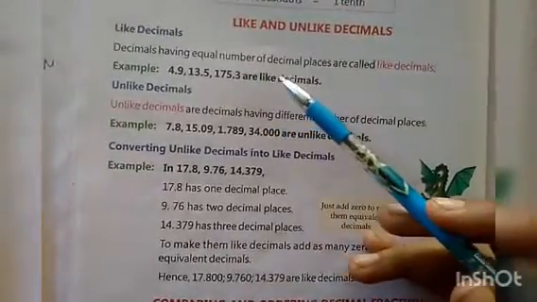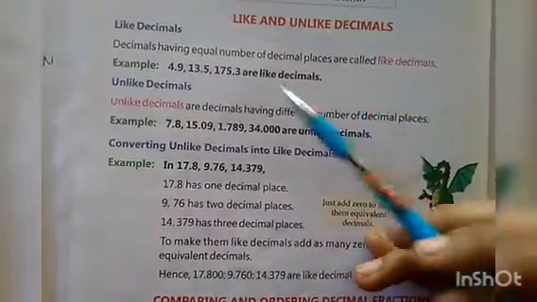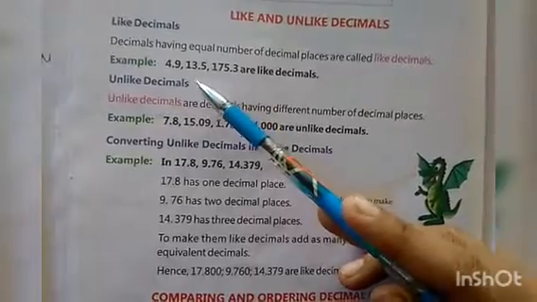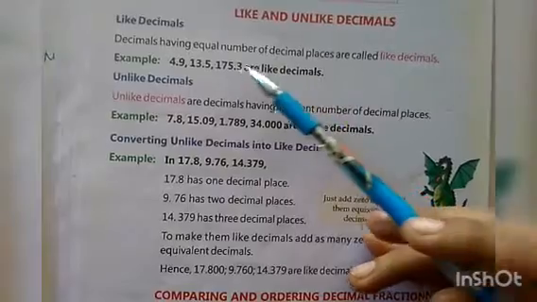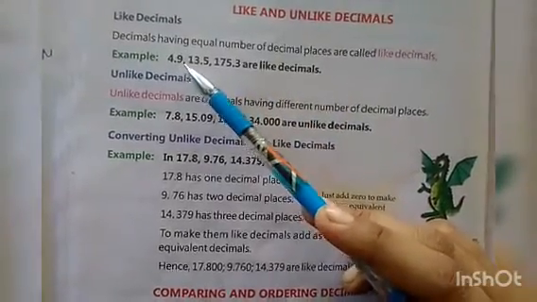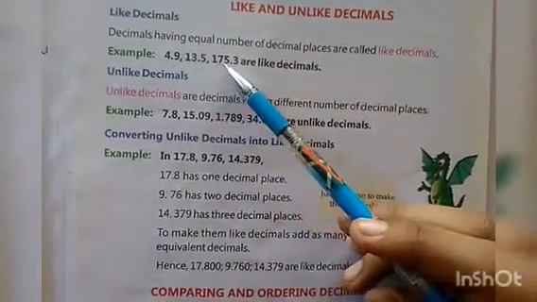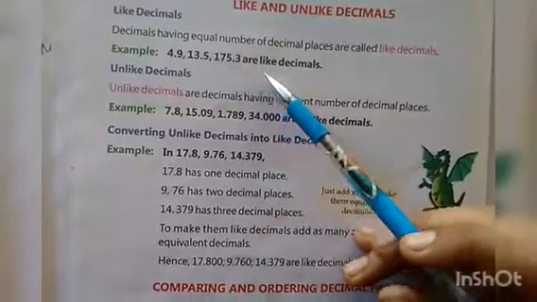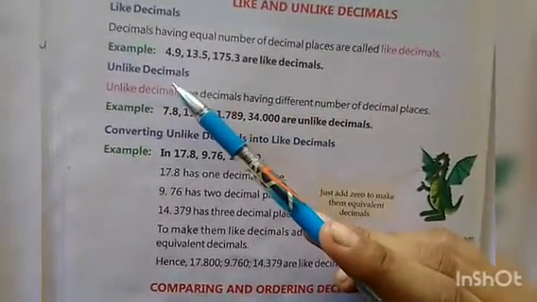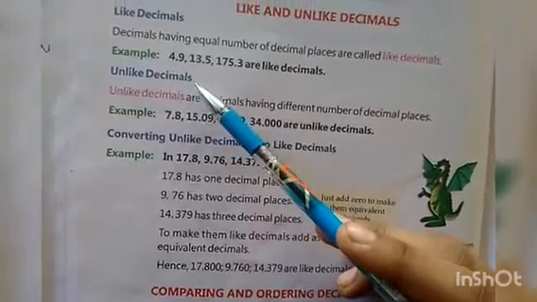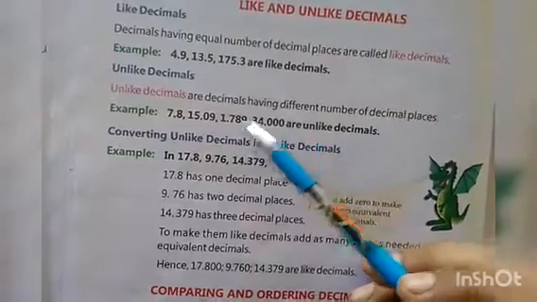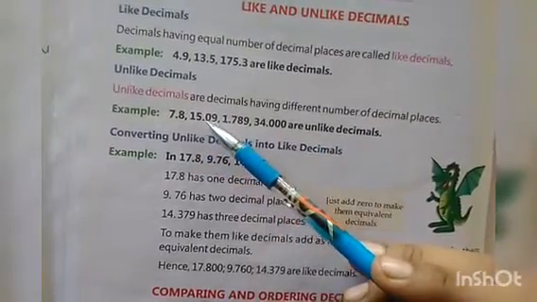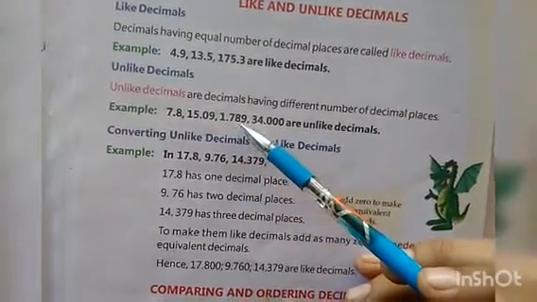Like and unlike decimals. Decimals having an equal number of decimal places are called like decimals. For example, 4.9, 13.5, 175.3 are like decimals because after the decimal point all these numbers have only one digit. So these are like decimals. But unlike decimals are different: they are decimals having different numbers of decimal places. Just like 7.8, 15.09, 1.789.